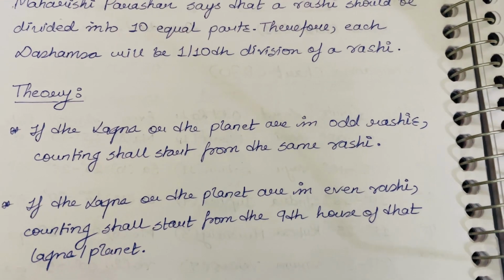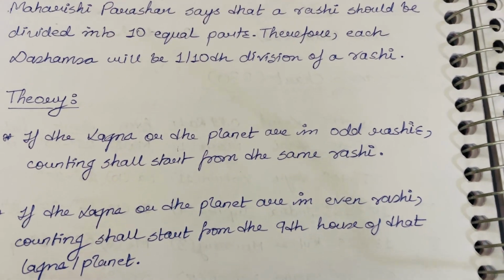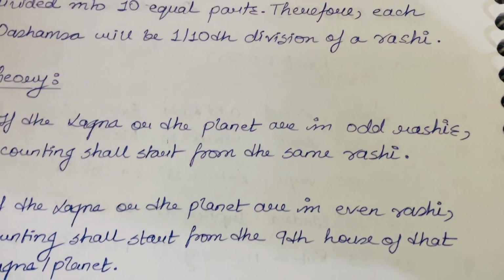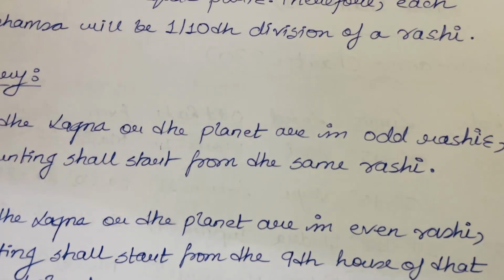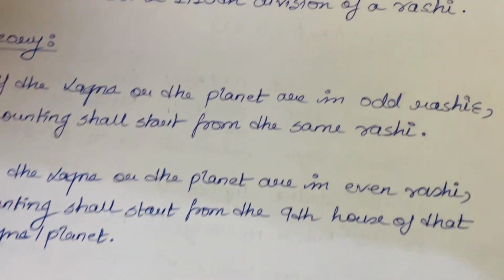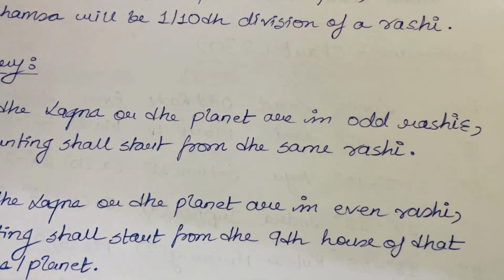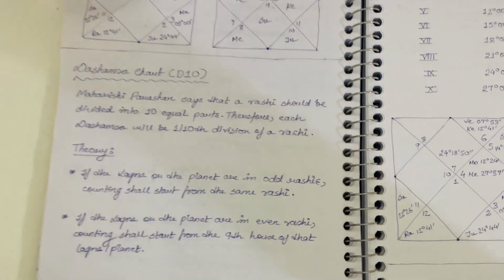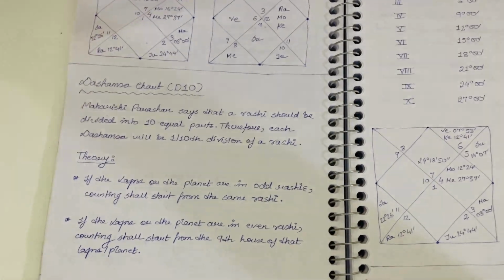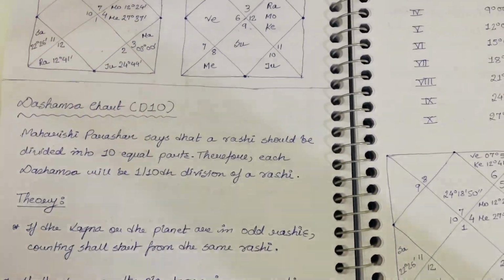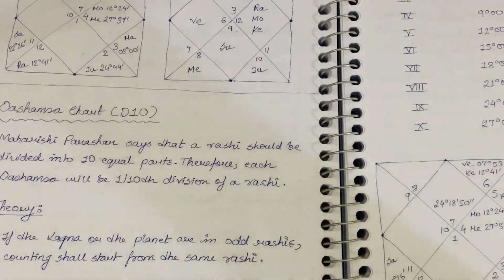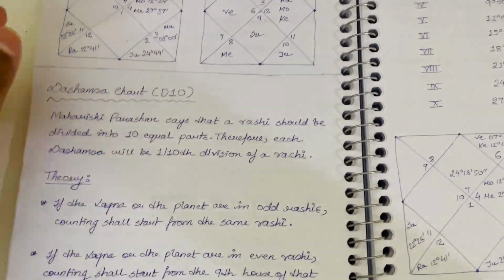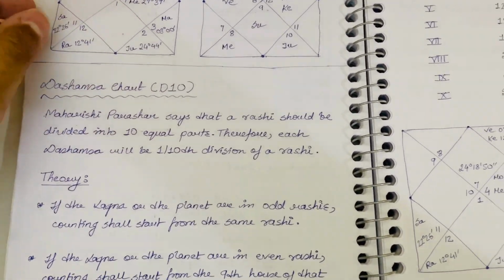It appeared slightly different because a slightly different rule was getting applied. However, for the Dashamsha chart, it is very plain and simple. There are two theories or principles we need to keep in mind, and then the table creation is absolutely easy. I will teach you step by step how you can very accurately and mathematically create the Dashamsha chart from the D1 chart.